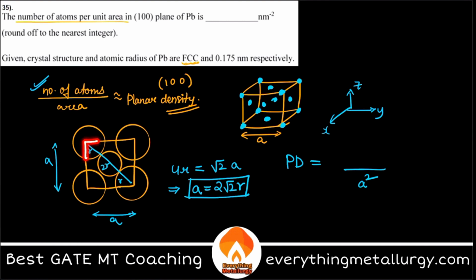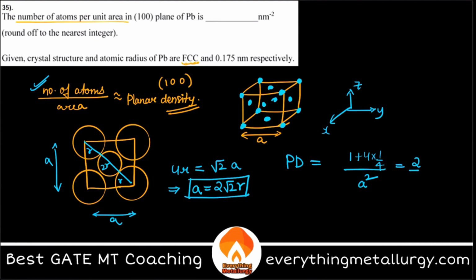This is 90 degrees, and 90 is nothing but 1/4 of a sphere. Similarly, this is another quarter, this is another 1/4, this is another 1/4, and one complete atom in the middle. So you have 1 plus 4 into 1/4, so in total you have 2 atoms in the plane.